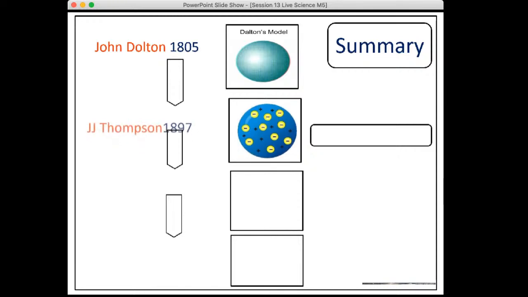Then J.J. Thomson in 1897 did his experiments and came up with the plum pudding model, where we have a material that is positively charged inside and with negative charges stuck inside of it.